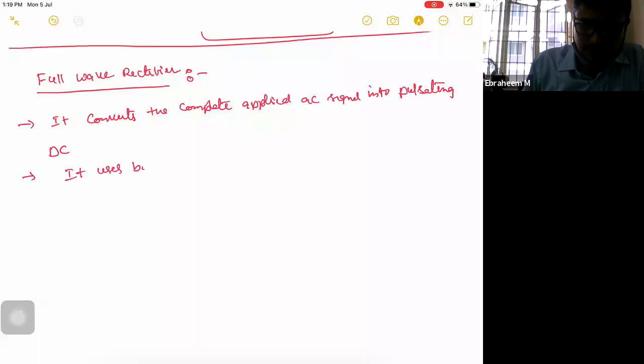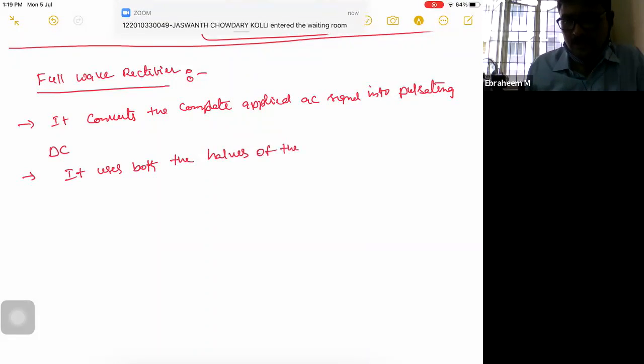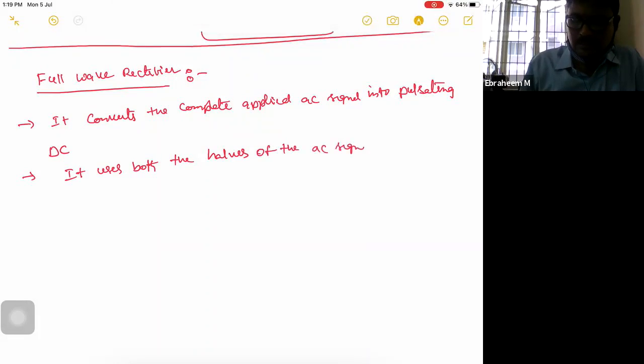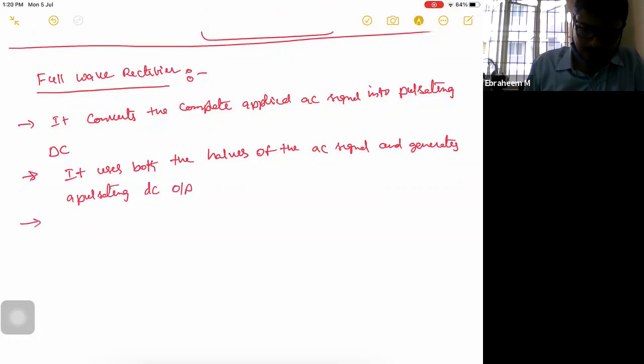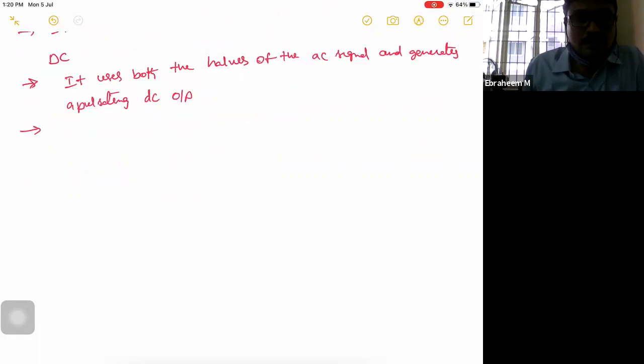It uses both the halves of the AC signal and generates pulsating DC output. And also it provides an improved rectified DC voltage.